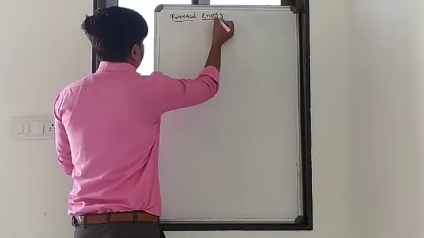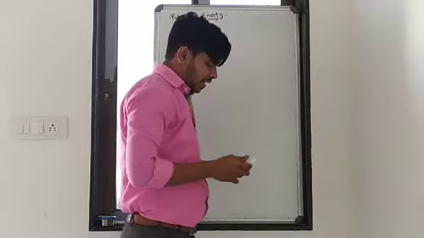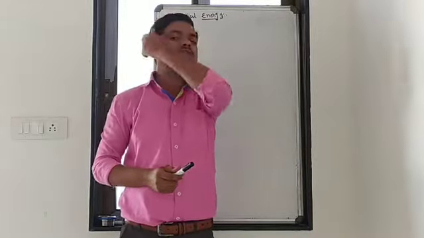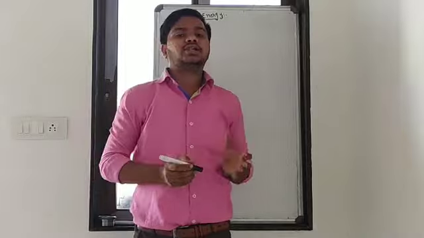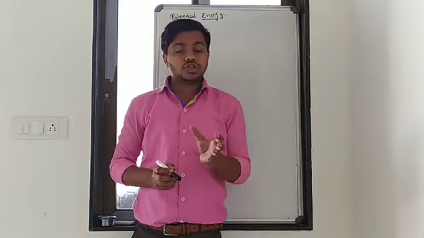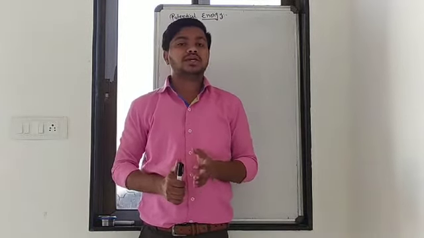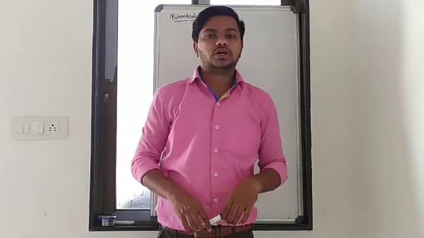What is potential energy? As kinetic energy is due to the motion of an object, like that potential energy is due to the construction of an object, or sometimes it is due to the position of an object.